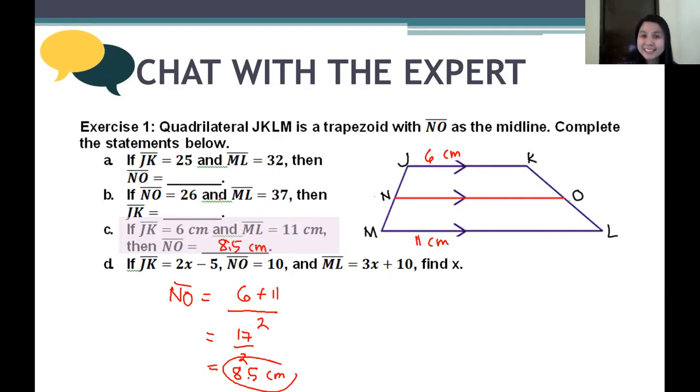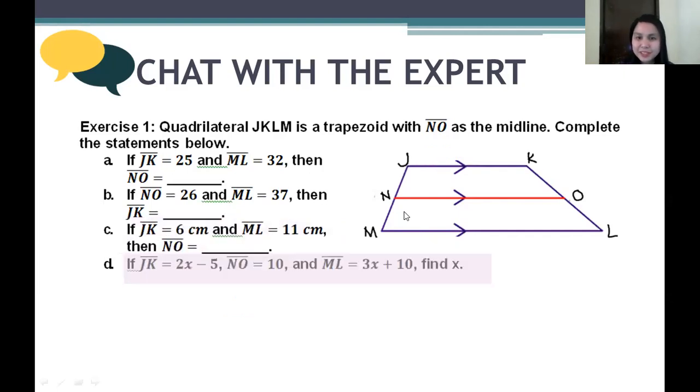Okay, next, let's go to letter D. In letter D, JK measures 2x minus 5. NO measures 10. ML measures 3x plus 10. Find the value of x. Ready?